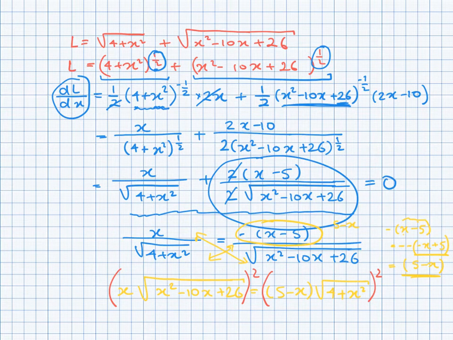Let's go back a page. What we have, I'm just going to rewrite one more time: x times the square root of x to the power of 2 take away 10x plus 26, everything to the power of 2.